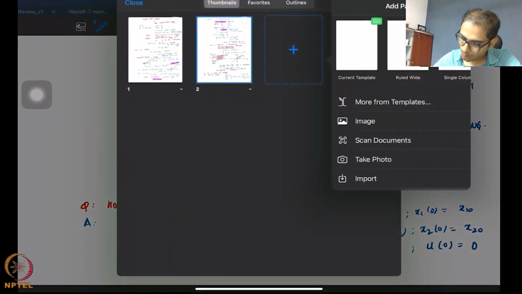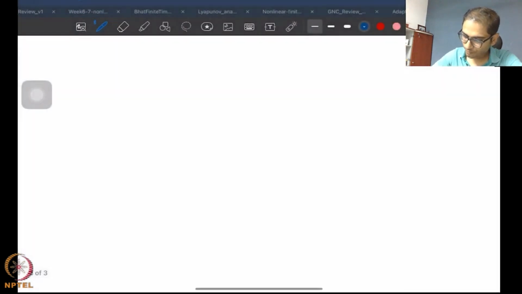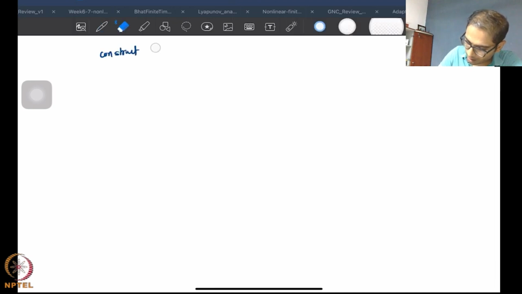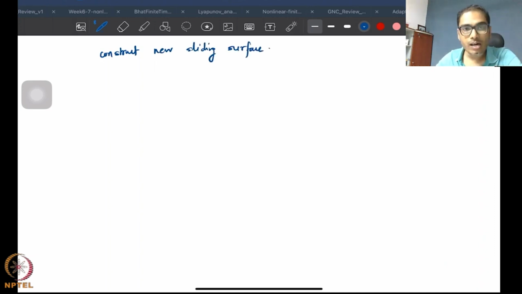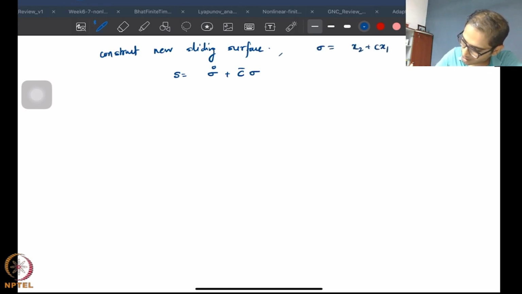Then what do we say? We say that now I am going to construct a new sliding surface. Okay, and what is it? We call this variable s, and it's sigma dot plus c bar sigma, and remember that sigma was x2 plus c x1.